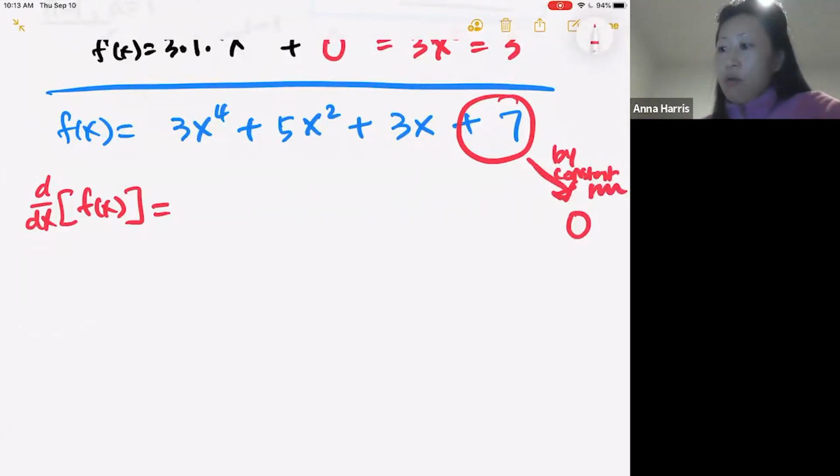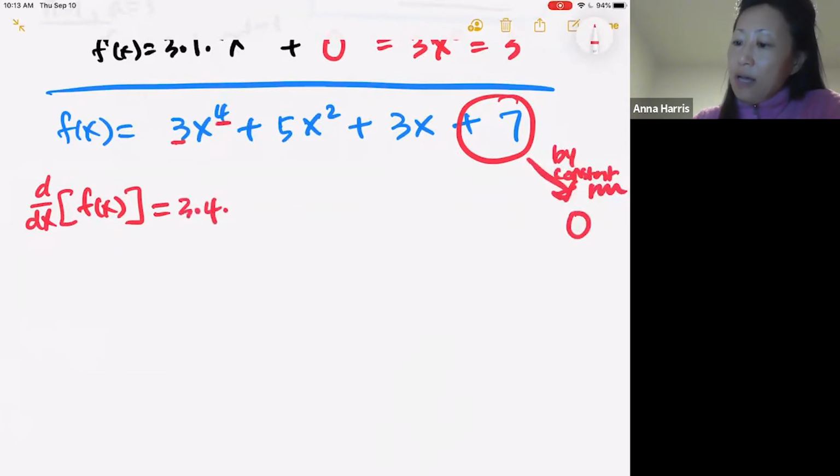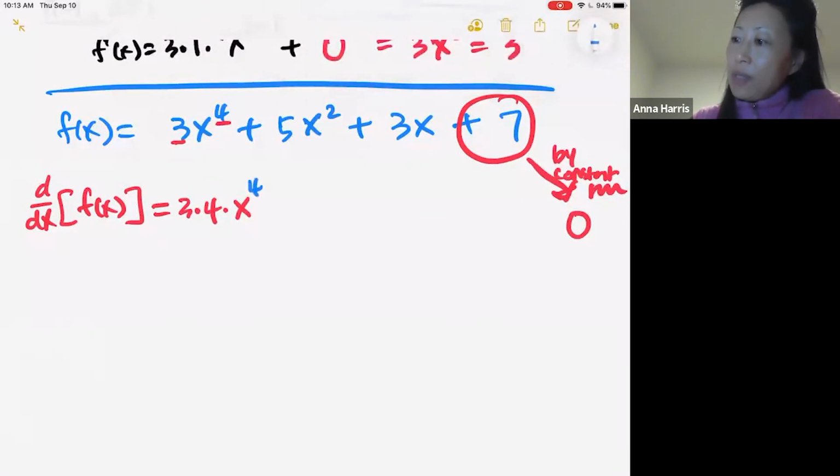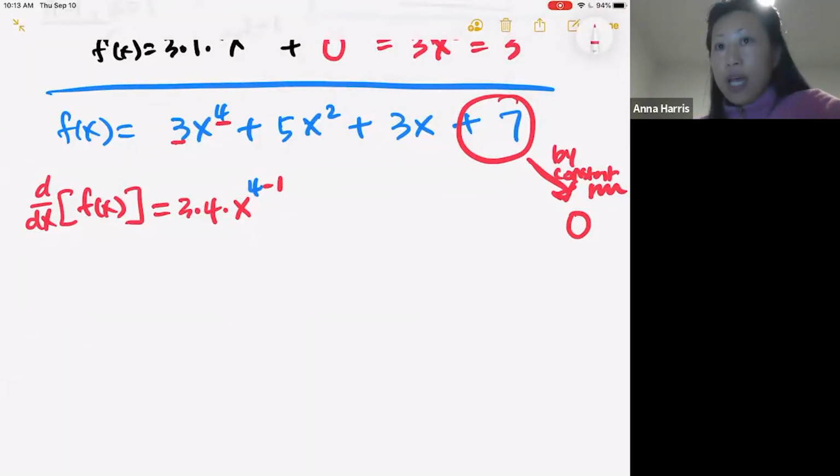Next one. What does the power rule say? You multiply the power with the coefficient. So I will have 3 times 4 times x to the, I had 4 power, but now by the rule, the power rule says you subtract 1 from the power. That's what you have.